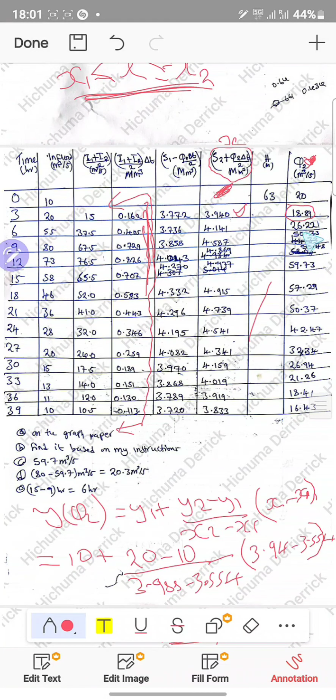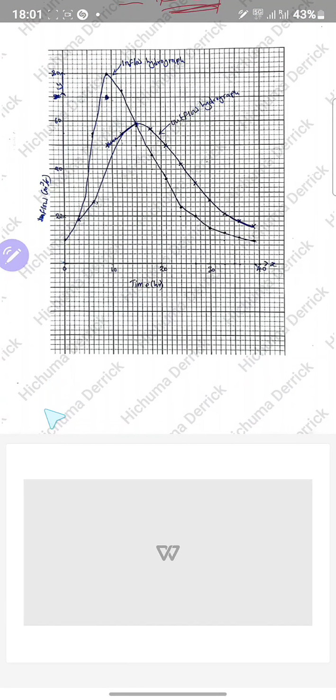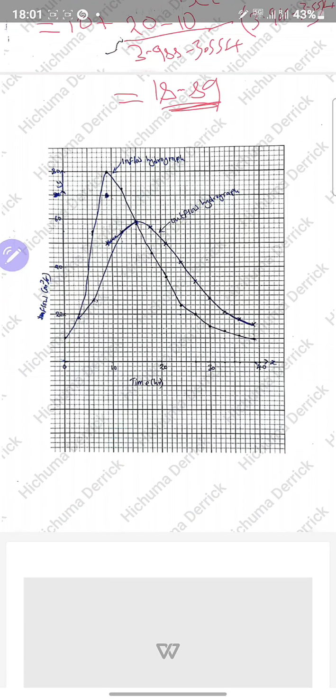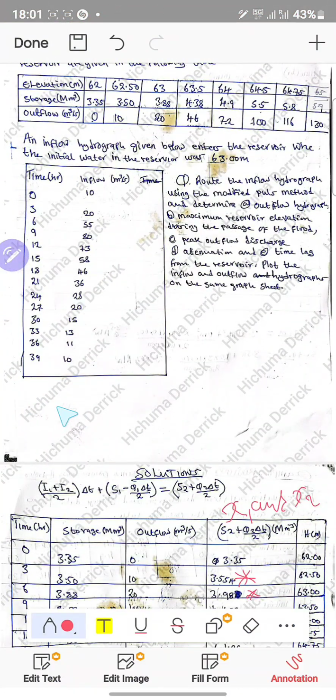So how do you find it? Let me also include that formula. Let me write the formula. Okay, to find the next value of S1 minus Q1 change in time over 2, you simply subtract.